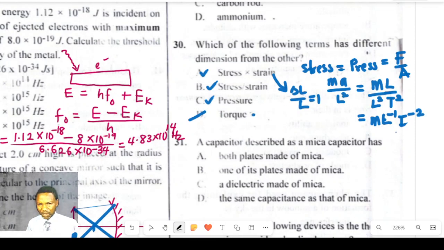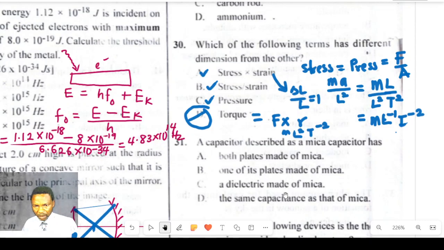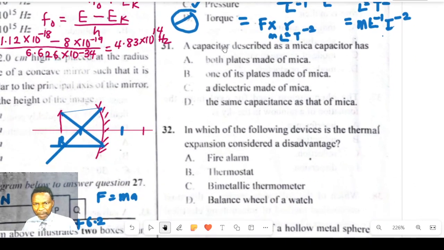Then the dimension of torque, which is force times distance, is going to be M L squared T to the minus 2. So the only one that is different now is torque. So that is D.